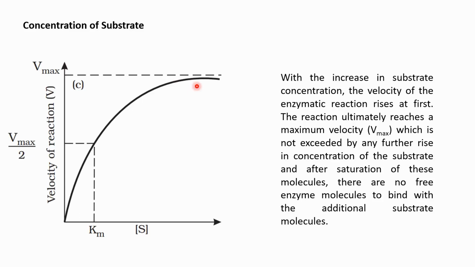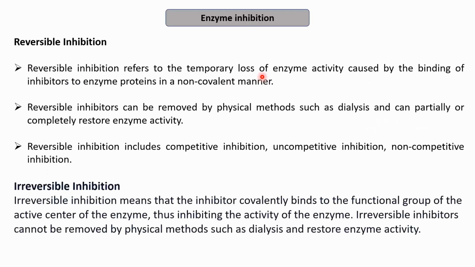Therefore, above this Vmax, the velocity of the enzymatic reaction cannot be exceeded, despite any further increase in the concentration of the substrate. After saturation, there are no free enzyme molecules to bind to the additional substrate molecules, and therefore, once the enzyme reaches this Vmax value, the value becomes constant.